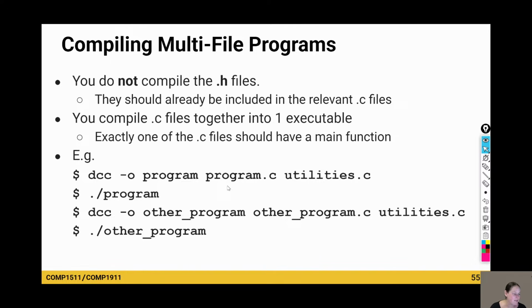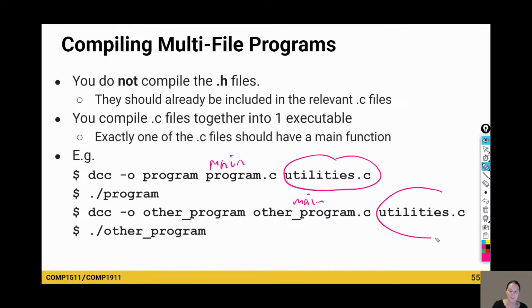No, it can't have two mains. If you had two programs with mains, they're two separate programs. You can't combine them into one executable. So in this example, this has a main, this has a main. They both use utilities, which doesn't have a main.